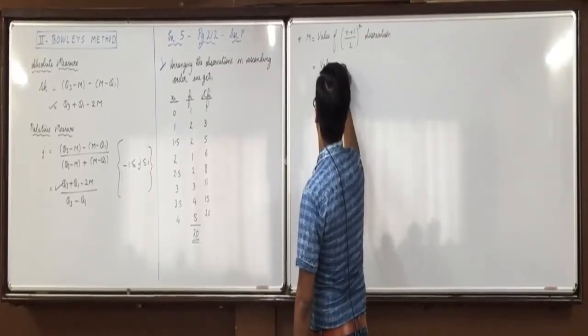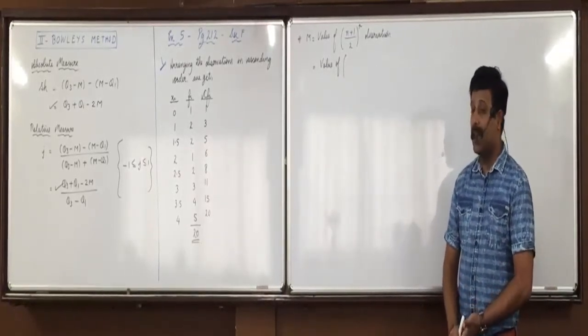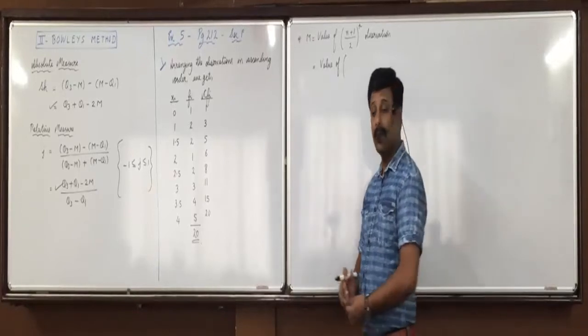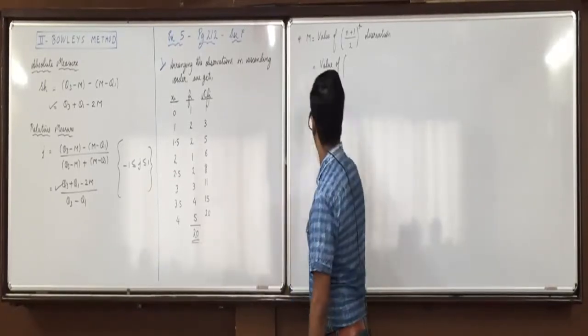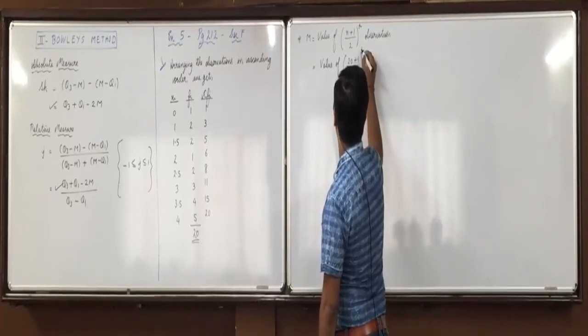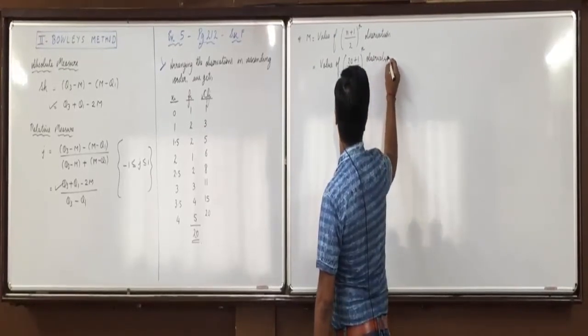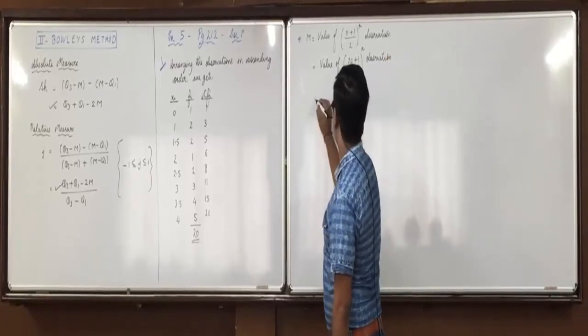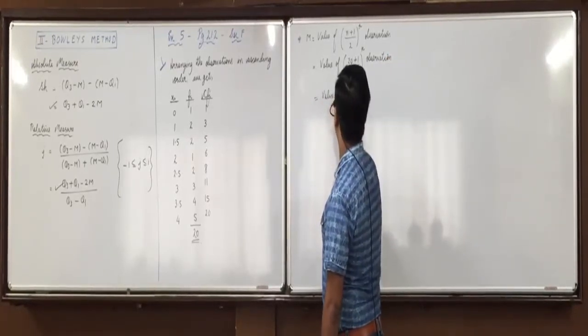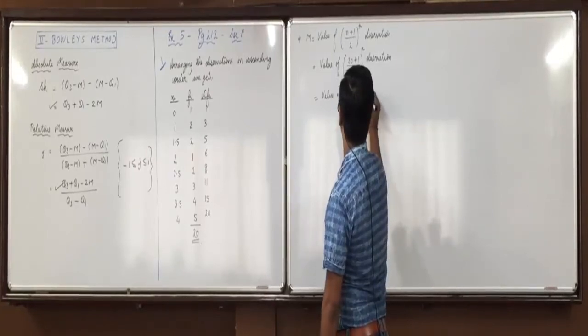Now, what is n? 20, the total of fi. Value of (20 plus 1) upon 2th observation. Value of 10.5th observation.